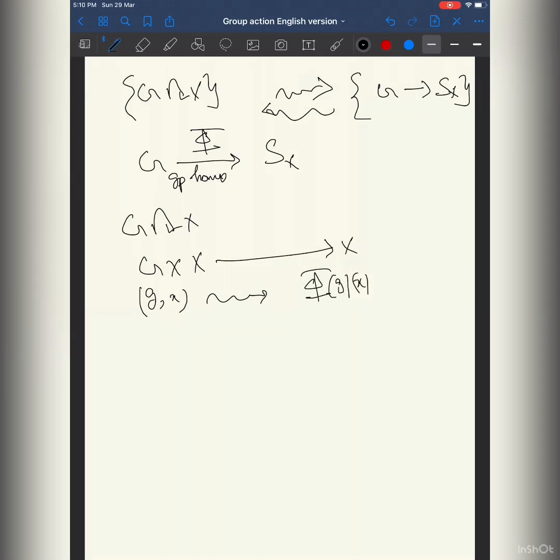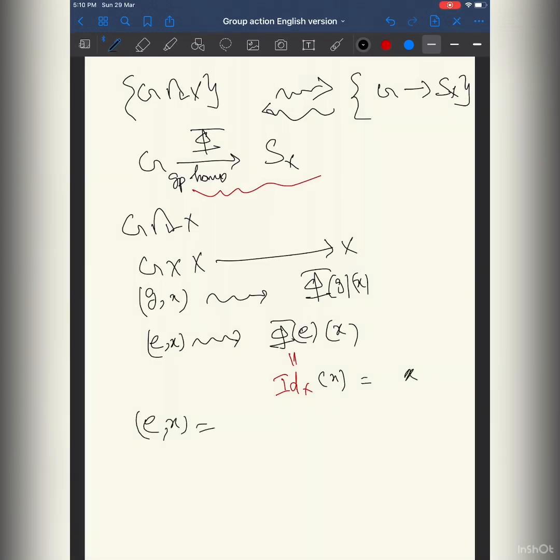Let me verify this is a group action indeed. Identity goes to, by definition, ID on X, because this is a group homomorphism. This is ID on X. That means X itself. So I X equal to X for every X belonging to X. Now let's do the second condition.